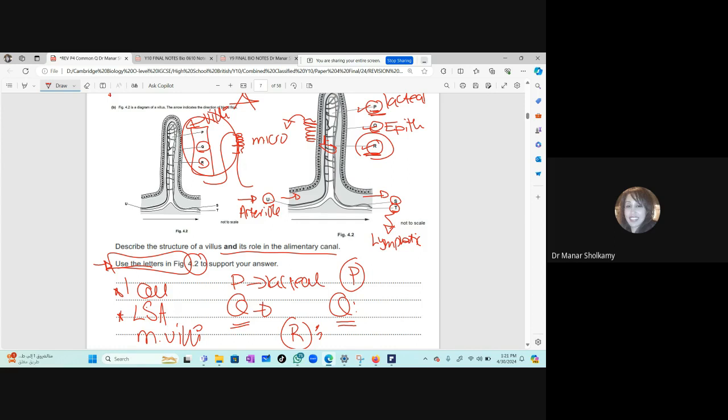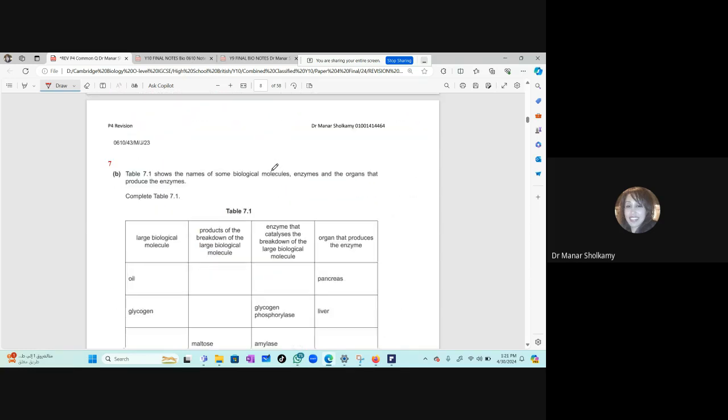And you will find yourself writing all the information, plus all the adaptations of the small intestine. It is long to increase surface area. It is thin for a shorter distance, microvilli to increase surface area, also rich blood supply. It has everything needed for active transport. You'll find yourself having lots of things to say. So this is an easy question. It's not difficult and it's common.